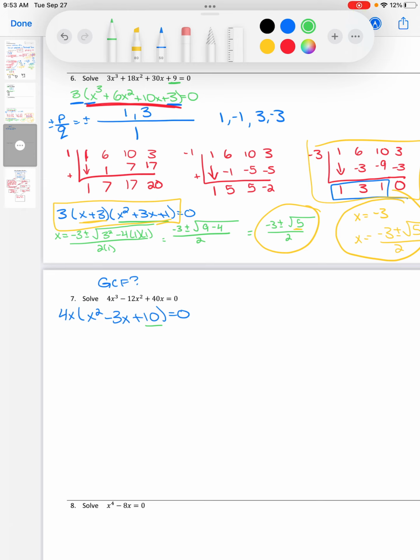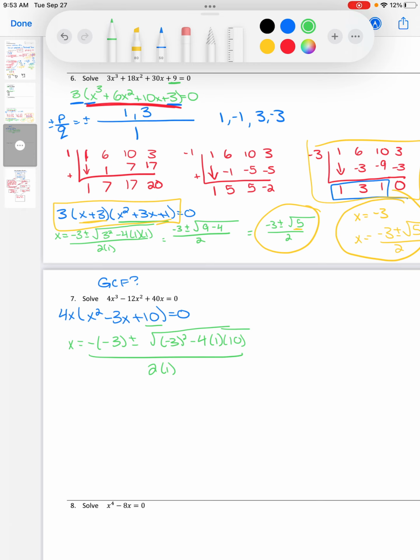So what do we have to do? We have to use our quadratic formula. x is equal to negative b, so negative 3, plus or minus the square root of b squared, so negative 3 squared, minus 4ac, all over 2a.